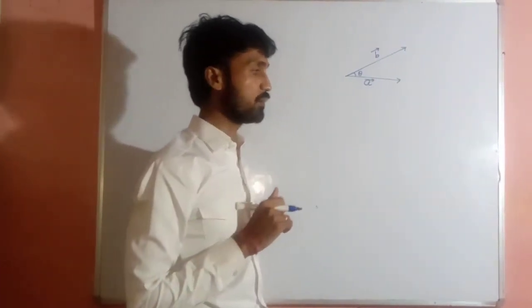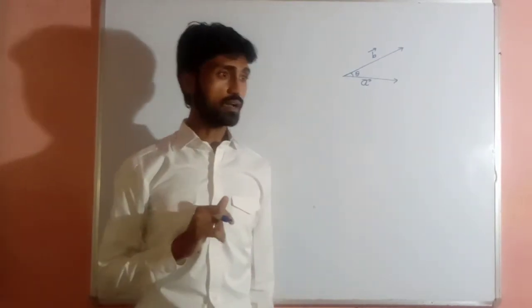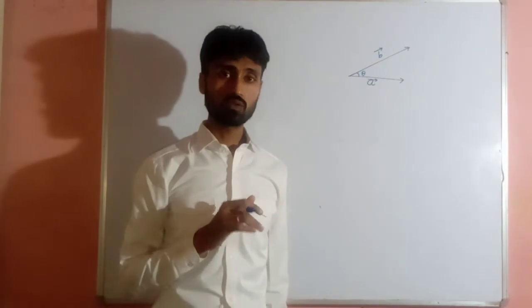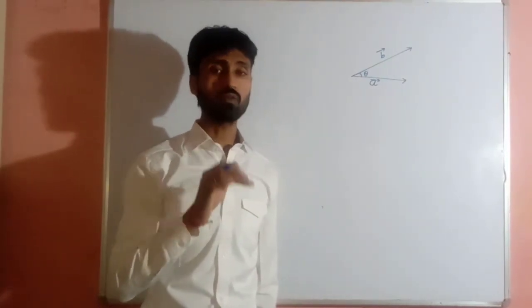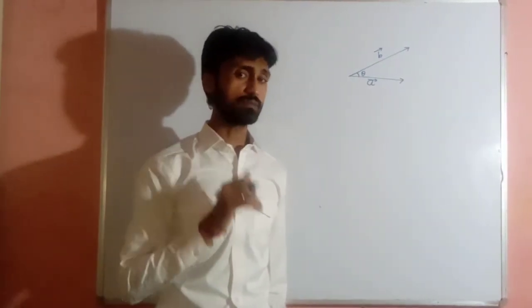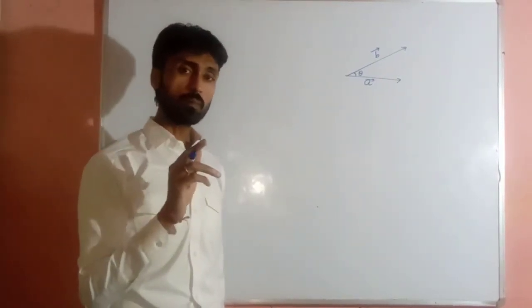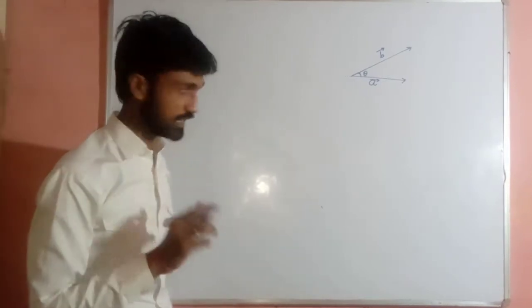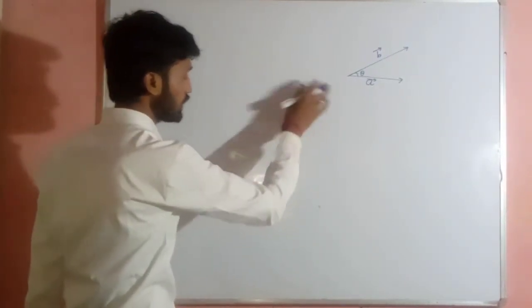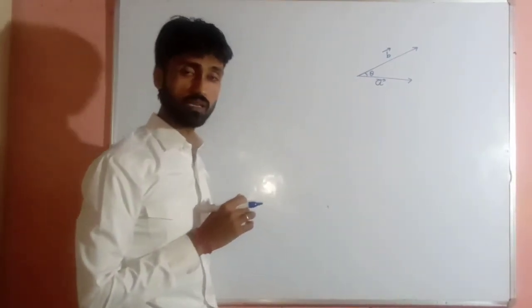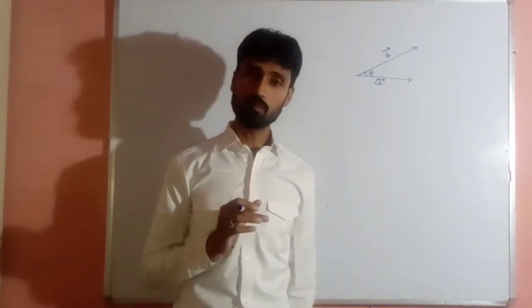You know very well that the methods to find the resultant of any two vectors are of two types: geometrical method and analytical or mathematical method. Here we want to find the resultant of vector A and vector B by the analytical method.